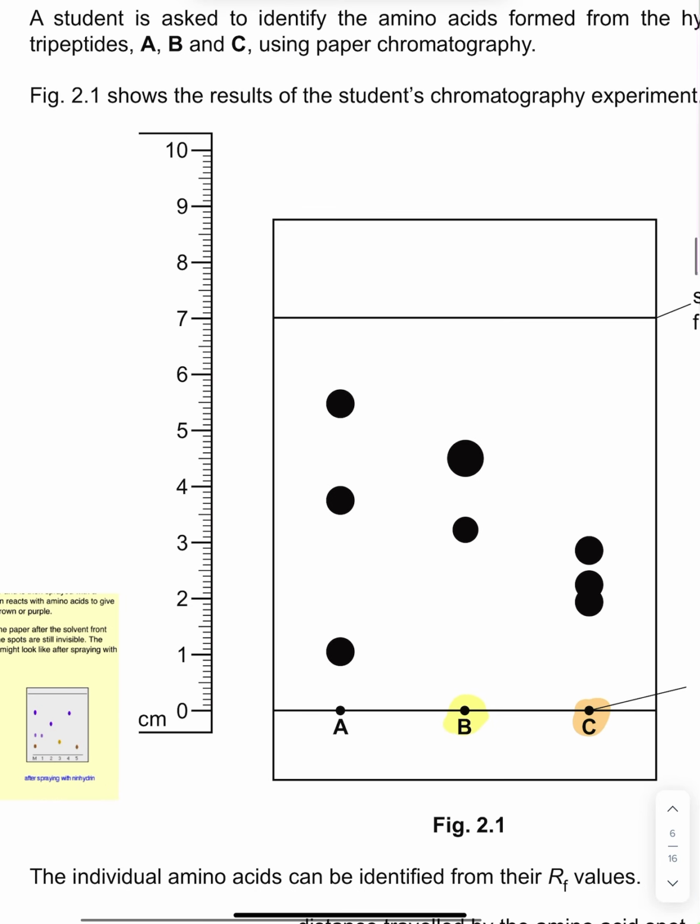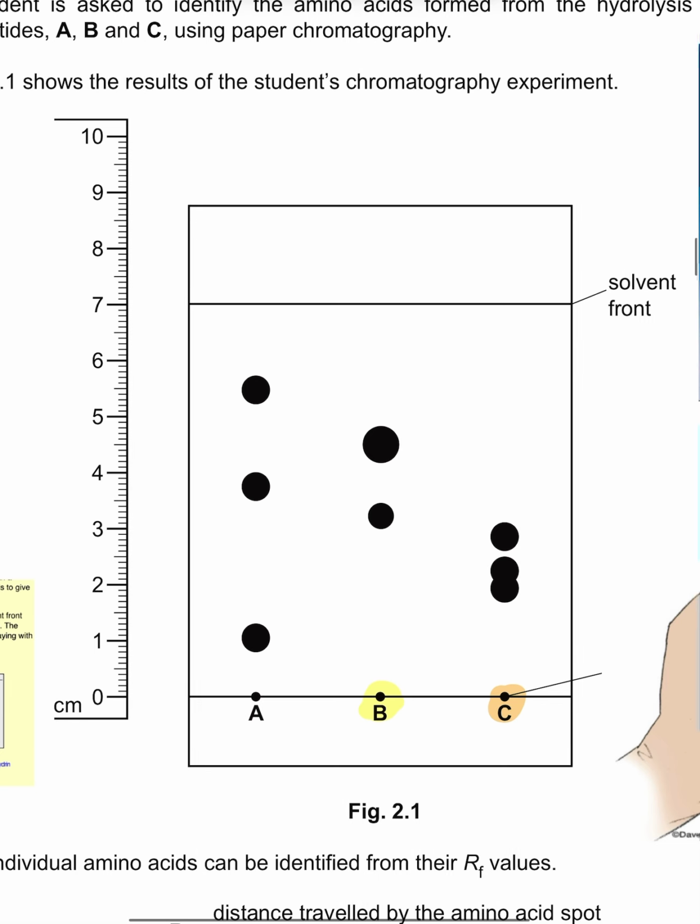So this is tripeptide A, and we have to calculate the RF values and then compare them with the data provided to us. When tripeptide A is hydrolyzed, it forms 3 spots: the first one, the second one, and the third one.